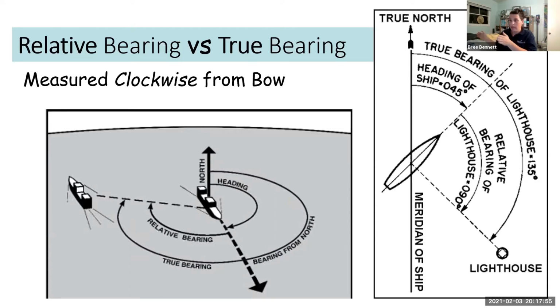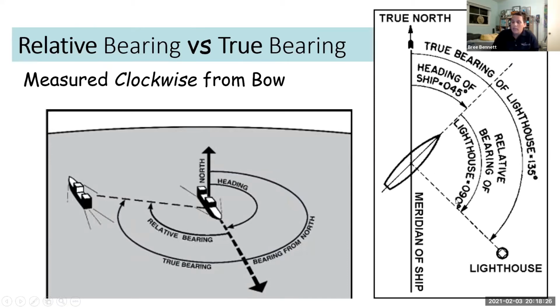Now, my true bearing, if I want to apply that to the true north, I would add in my heading. So if I have a heading of 45 degrees and then a relative bearing of 090, it's 90 degrees on my side, then I could get a true bearing and plot that as a true bearing of 135.